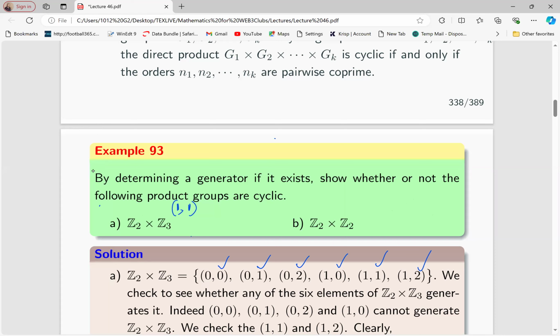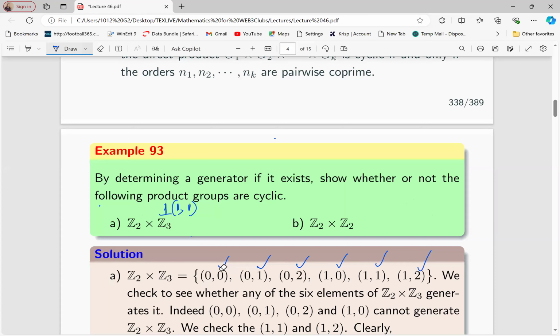We want to add it to itself several times and see whether every time we add it, we get an element of the group. So when you add it once, just once, without even adding, you have 1, the first element of the group. So we have generated this element.